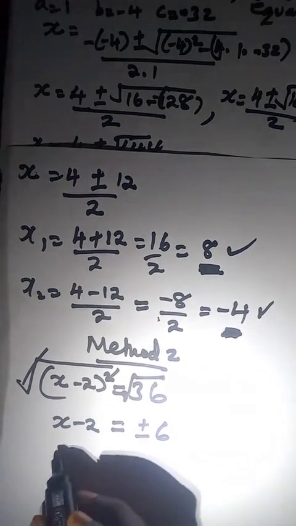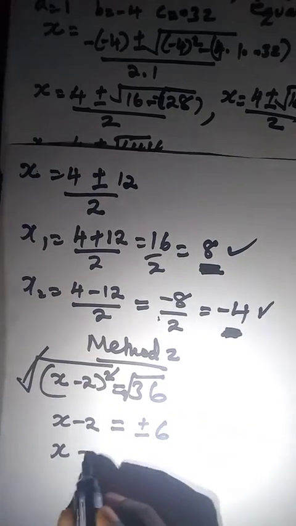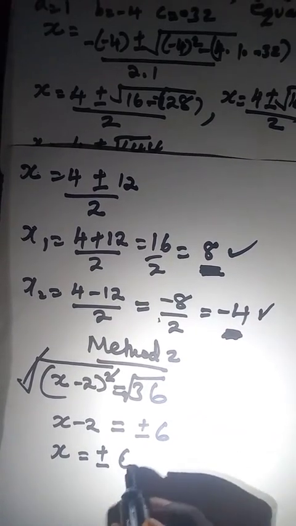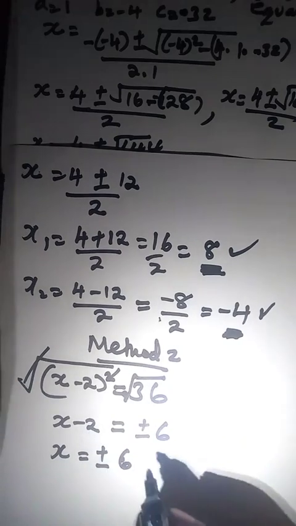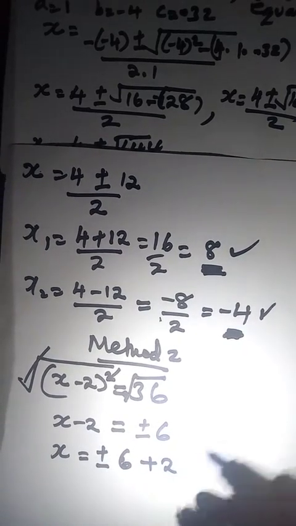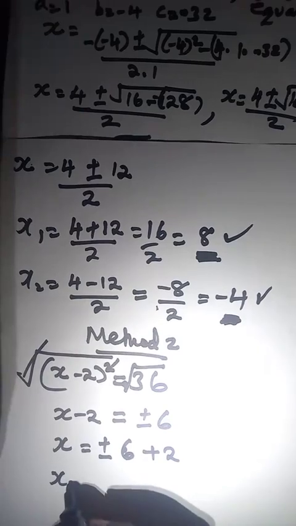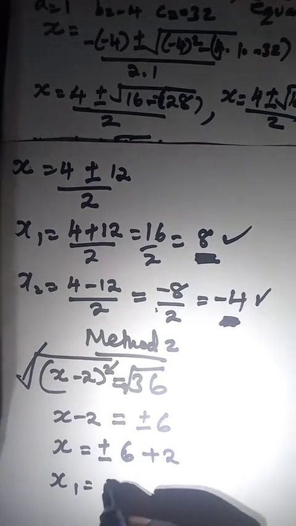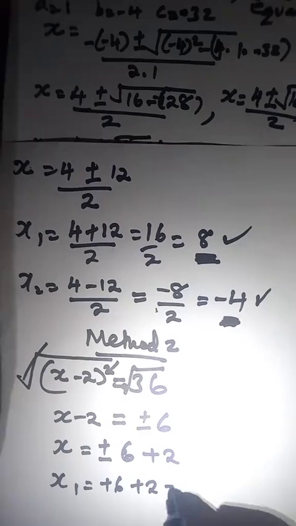For me to find the value of x, I'm going to collect like terms, so that I have plus or minus 6, and then when you take negative 2 to the other side it becomes positive 2. So using the positive sign, the first value of x, I'll take it as positive 6 plus 2.